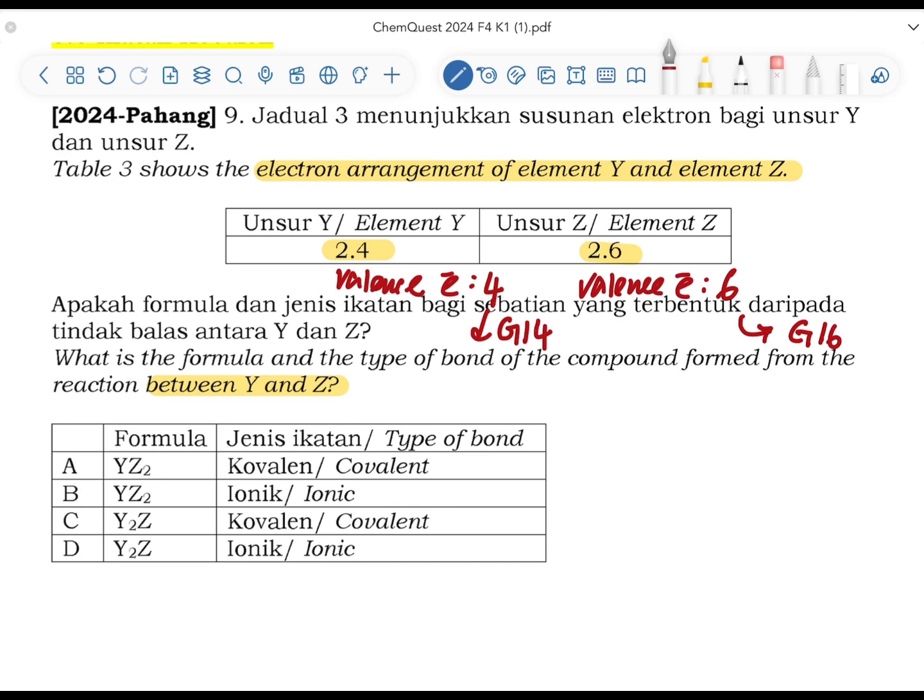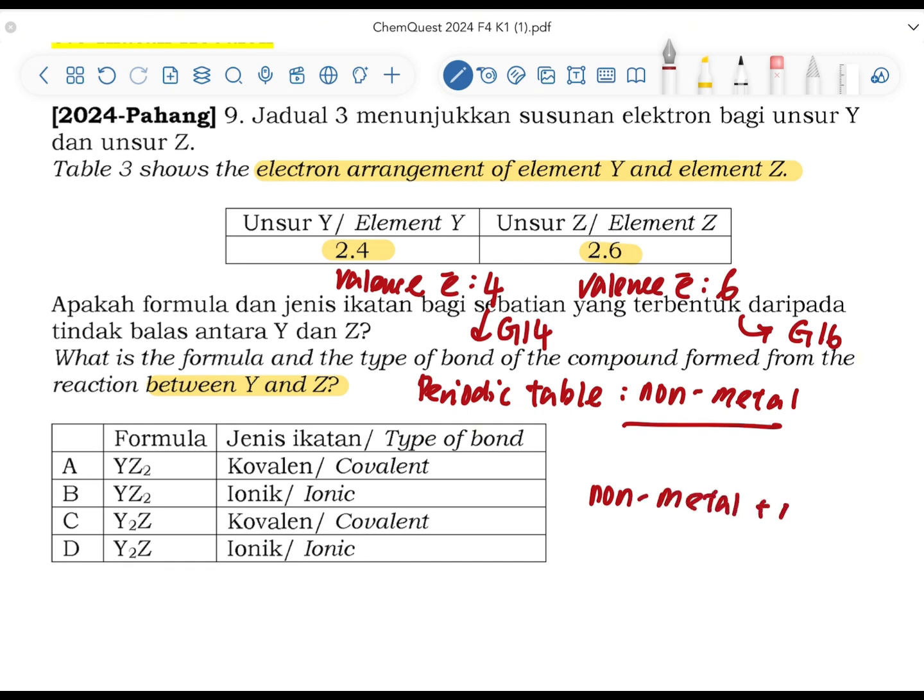So we know that in the periodic table, group 14 and group 16 are non-metals. The reaction between a non-metal and a non-metal is actually a covalent compound. Okay, so they will surely form a covalent bond. It will form a covalent compound, and a covalent compound has covalent bonds.